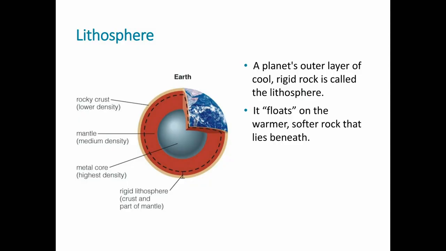And so all of the plates that the continents rest on, we'll talk about plate tectonics later, are going to be part of the lithosphere. And the reason you have plate tectonics and your surface can move is because it's resting on this mantle.